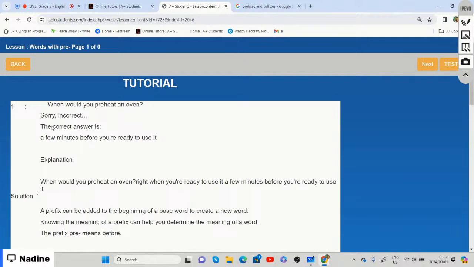So if you were told to preheat an oven, right? All right, so when we preheat an oven, that is when we need to switch on the oven a few minutes before it is ready to use, right?